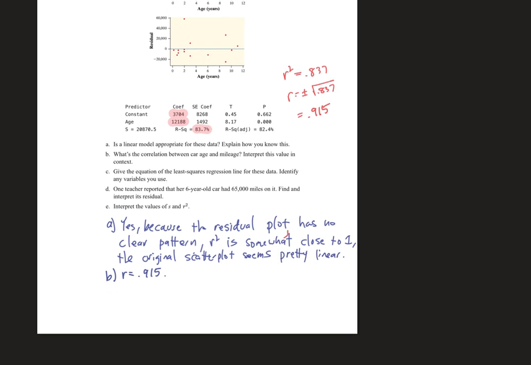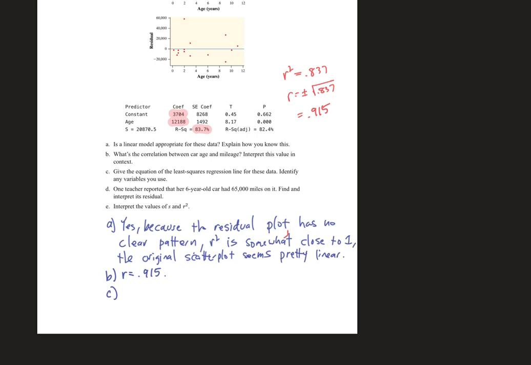I don't have that much room to write, but you can read the answer key for some of these. Okay, so part C, they say give the equation of the least squares regression line, identify any variables that you use. The equation is going to come from the computer readout.